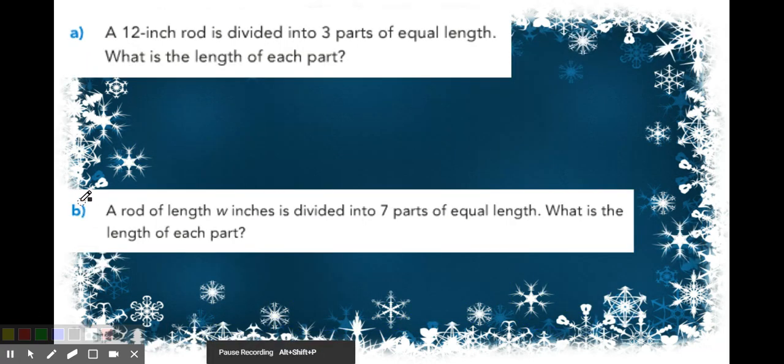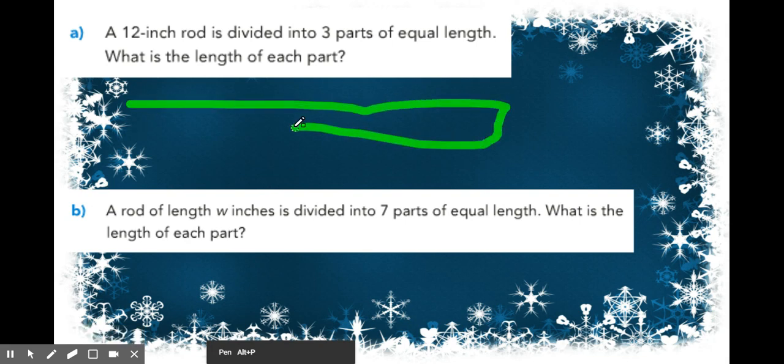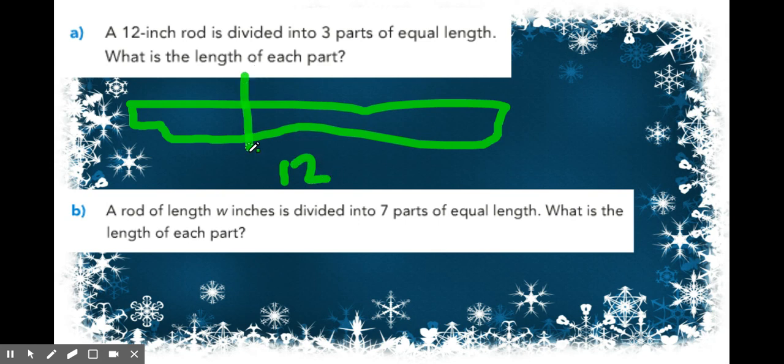So we have a 12-inch rod that is divided into 3 parts of equal length. What is the length of each part? So I have a 12-inch rod. And if I'm breaking it into 3 parts, what's really happening is I'm taking 12 and dividing it by 3. That would tell me the length of each part.